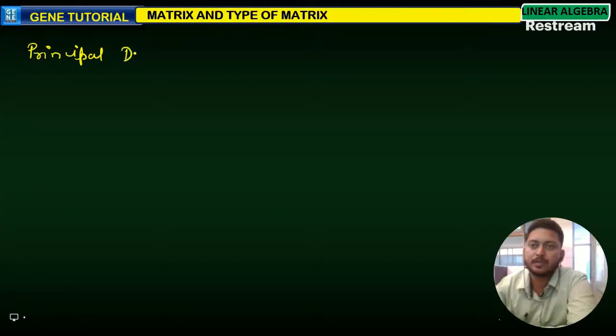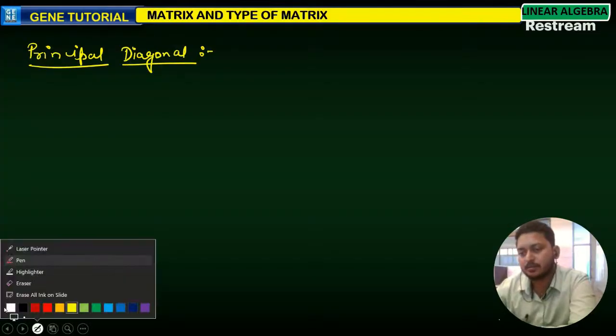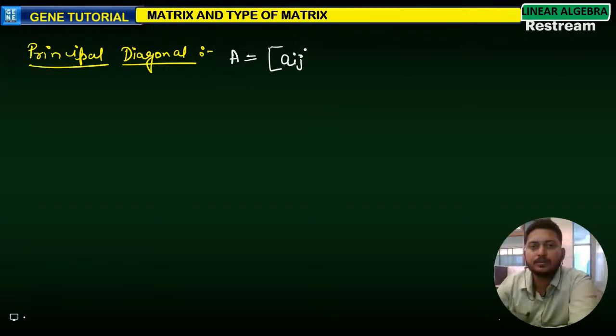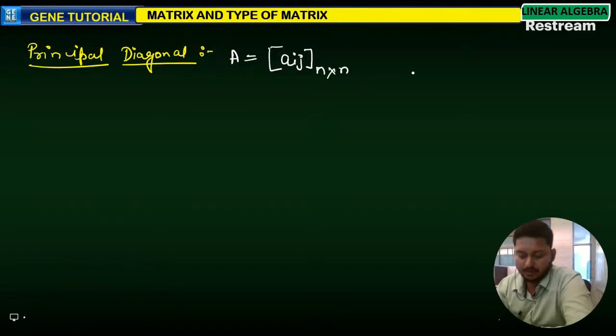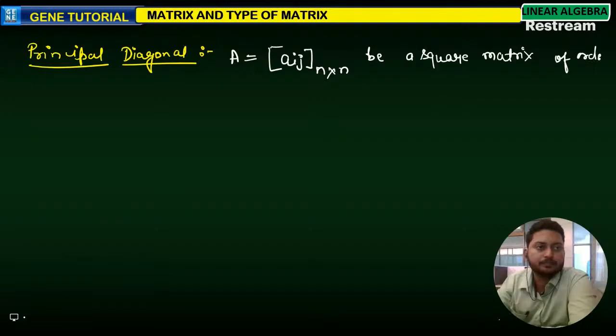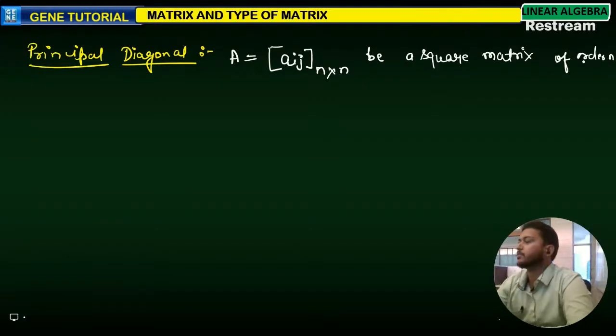What is the principal diagonal? Let A equal Aij, whose entries form a square matrix of order n cross n. These entries form the principal diagonal.